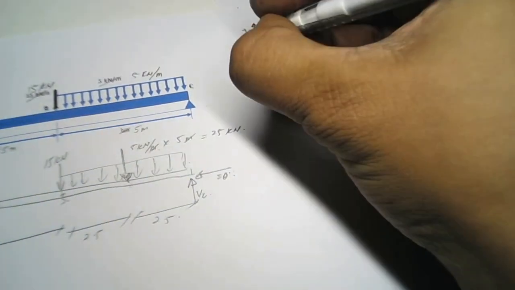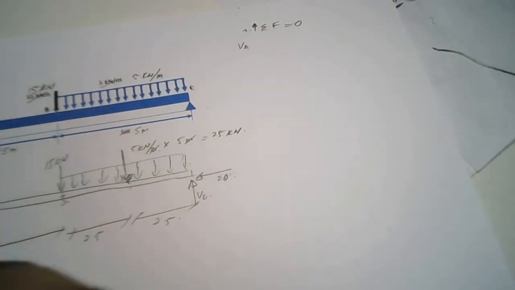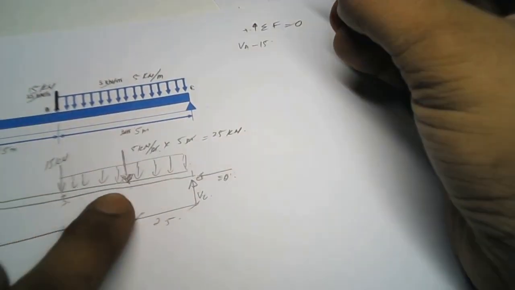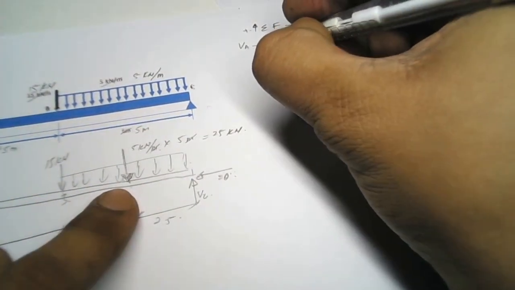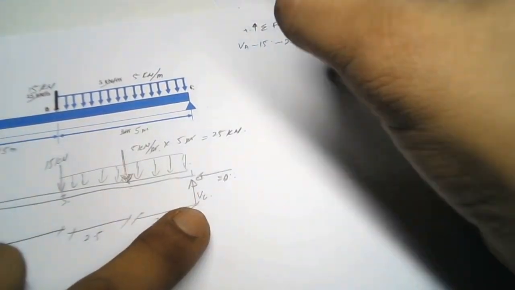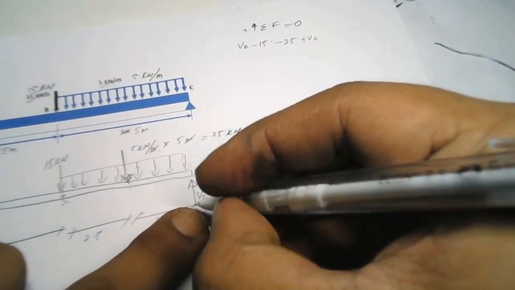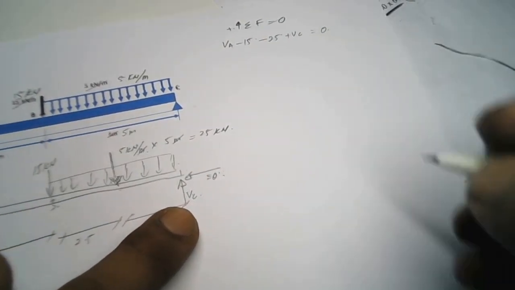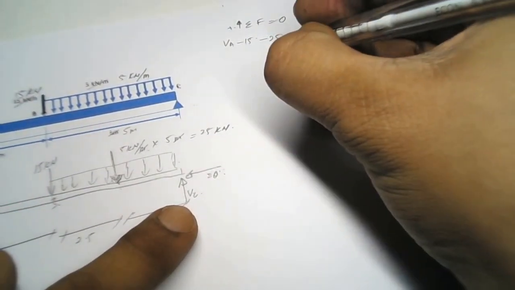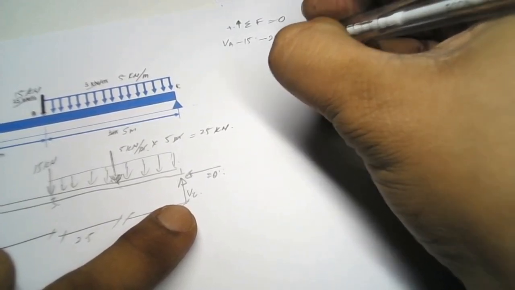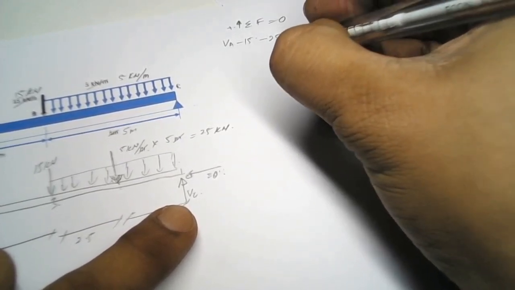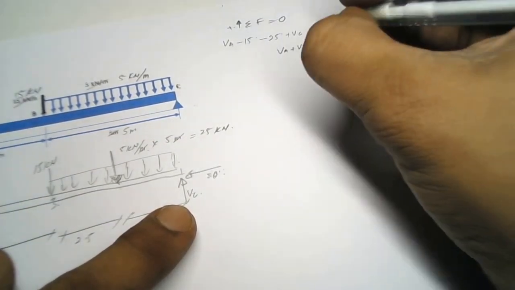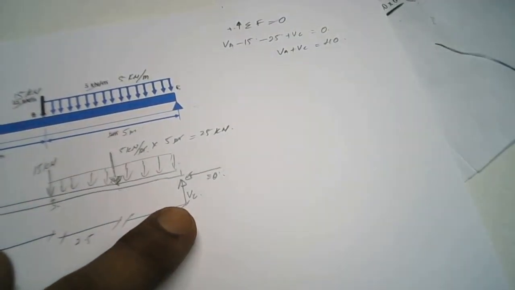The first one is VA, upward is positive, downward is negative 15, another one is negative 25, and the other one is VC, upward direction, equal to 0. Then we have to solve the equation: VA plus VC equals 40.